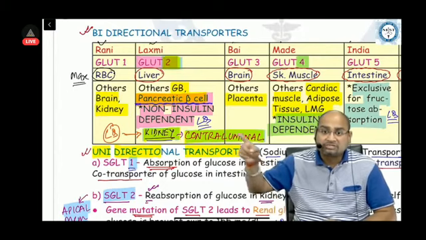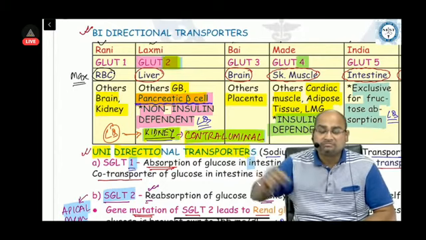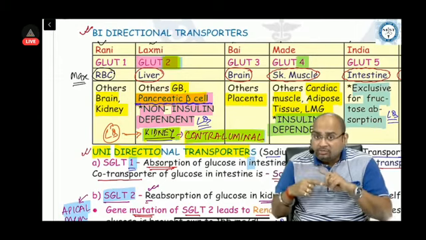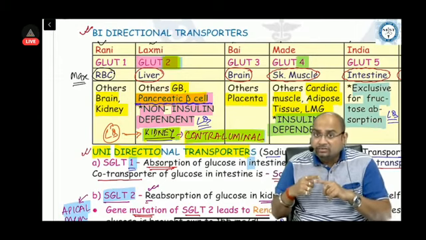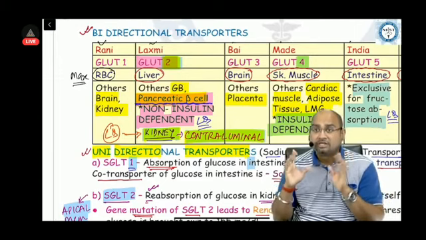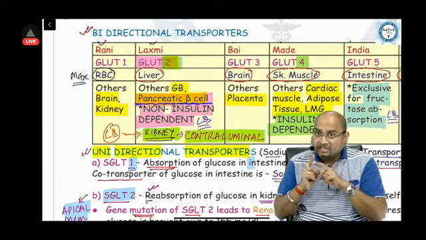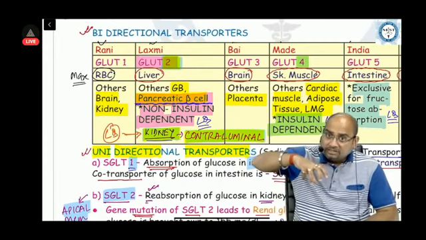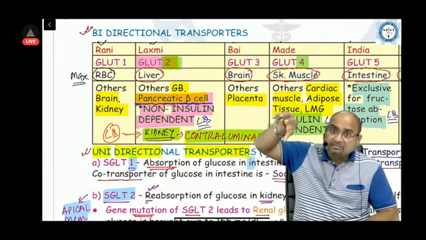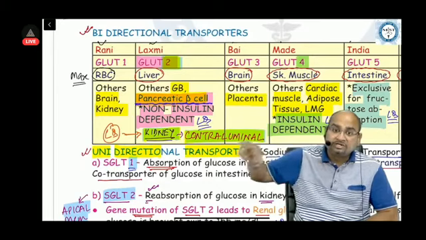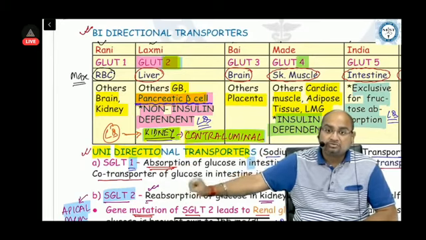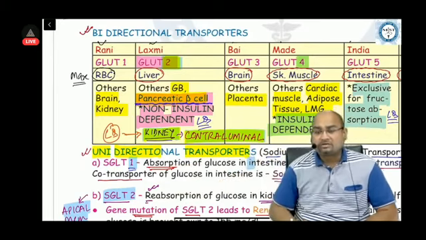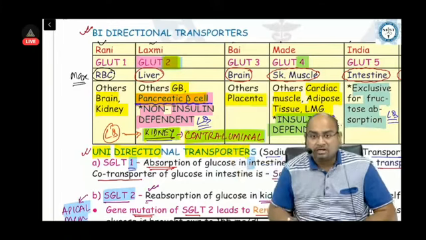A recently asked question in your exam marked the contraluminal side in the kidney: which transporter is present? GLUT2. On the apical side, from the lumen to the cell and then ultimately to the blood, the luminal side transporter is SGLT2, and on the contraluminal side we have GLUT2.